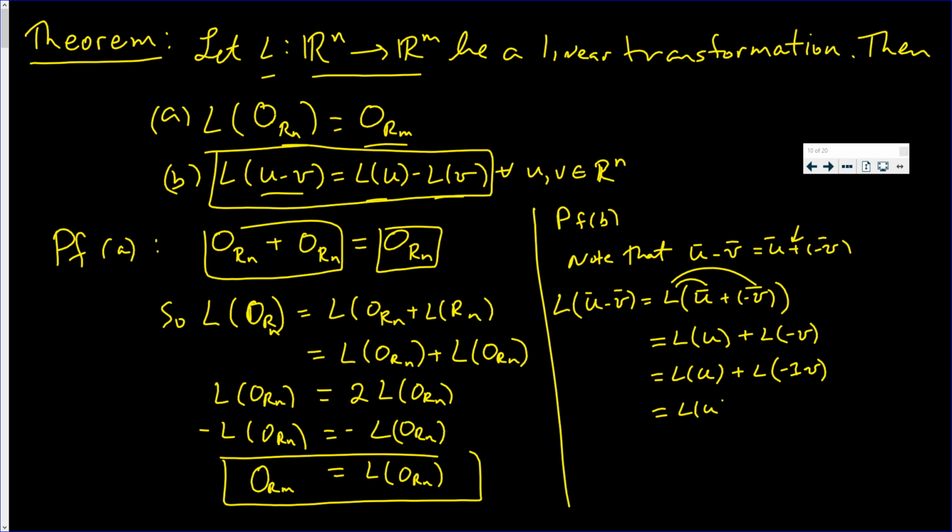This is L of u plus negative 1 times L of v. This is L of u minus L of v. Now you can distribute even with a minus sign. Why? Because we proved it. Okay, if you don't prove it, don't use it.